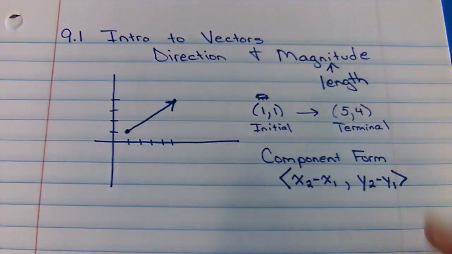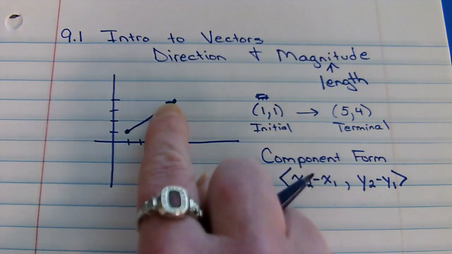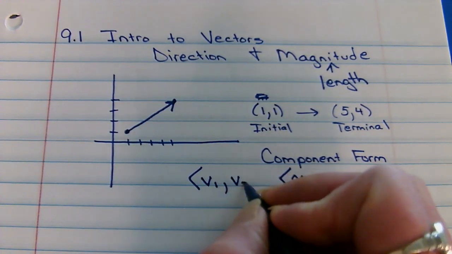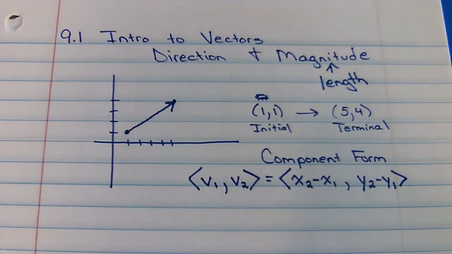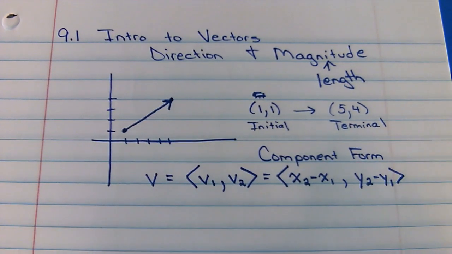That's going to give me a resulting value that shows how far I went from left to right and up and down. So I'll end up with values at the end, and that's going to give me my vector. And we do write vectors with these lovely fancy parentheses.